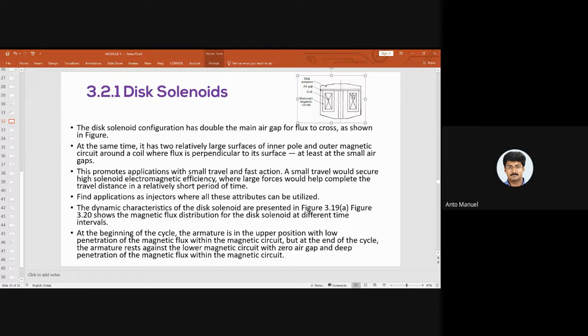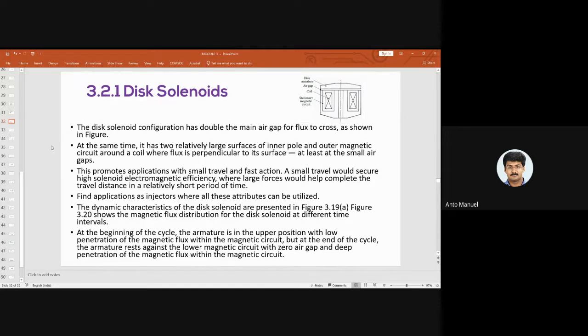The magnetic flux is always perpendicular to the disc armature, and this promotes applications with small travel and fast action. A small travel secures high solenoid electromagnetic efficiency, where a large force helps to complete the travel distance in a relatively short period of time.